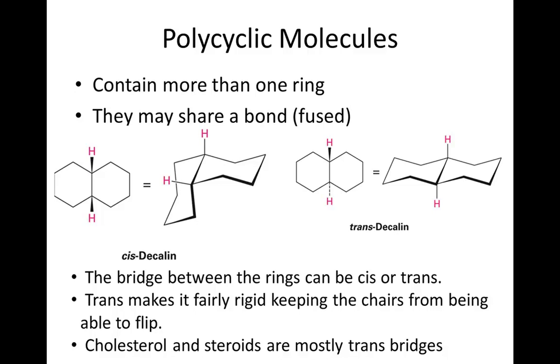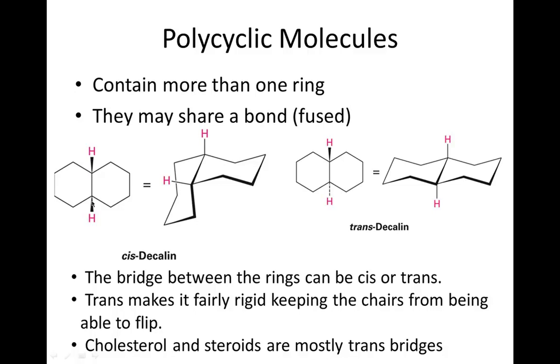Now in this case that's shown here, they're just two rings, and these two rings share a bond, and so we call these fused cycloalkanes. And this first one has a total of 10 carbons, and so that's where the name decalin comes from. And it's cis because the ring juncture between the two rings is cis.